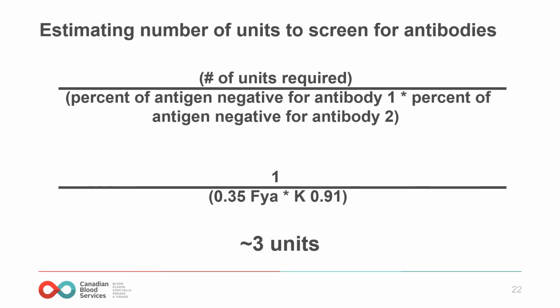Here's the formula: number of units required divided by percent of antigen negative for antibody 1, which is the Duffy A, multiplied by percent of antigen negative for antibody 2, which is anti-big K. So if you wanted to get 1 unit that's negative for Cw and big K and negative for Duffy A, it's going to be 1 divided by 0.35 times 0.91, and that will give us 3 units. That means we have to screen 3 units to get 1 Duffy A negative, Cw negative unit.